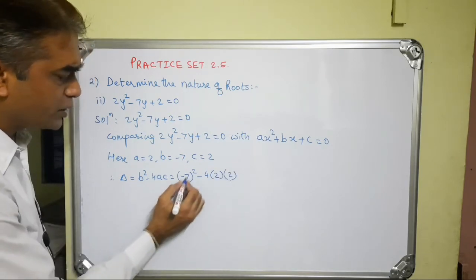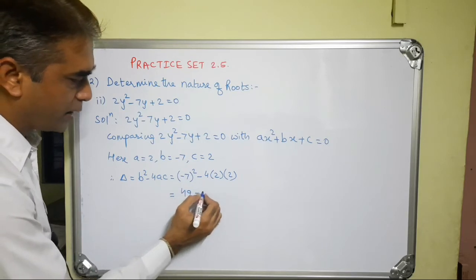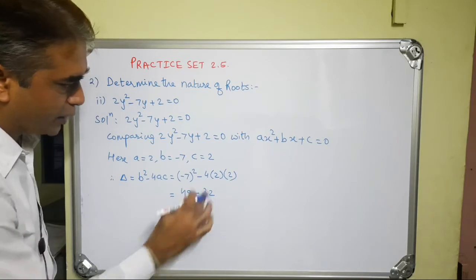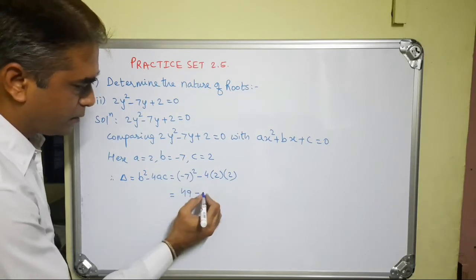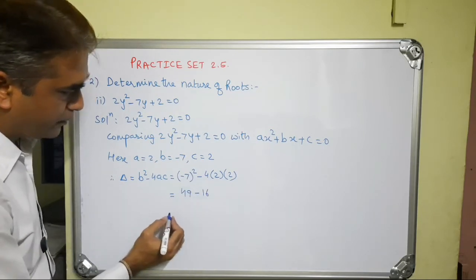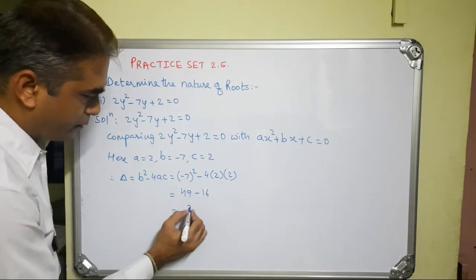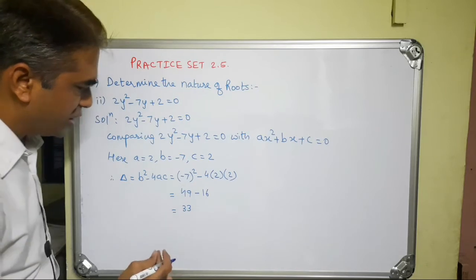So this is 49 minus, 4 4s are 16, so 4 2s are 8, 8 2s are 16, this is equal to 33.